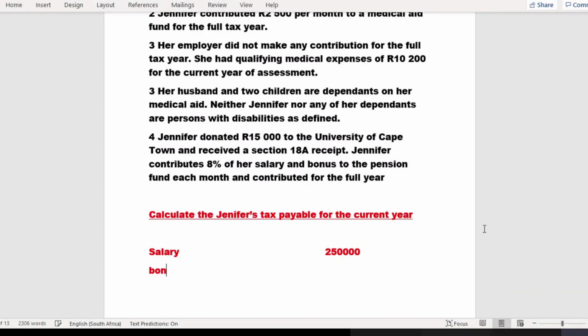And then the bonus. Bonus, isn't it 10,000? 10,000 rand. Okay, 10,000 rand. And that gives us what? 260,000, right? Yeah. So that's basically your income.